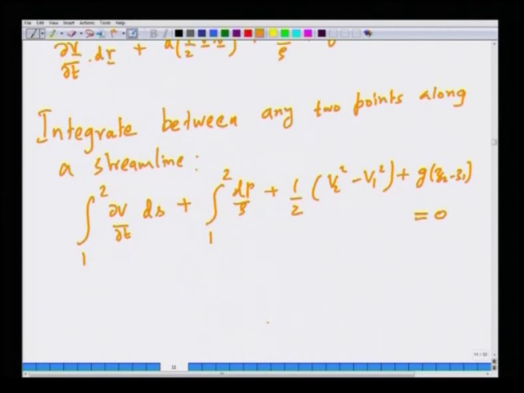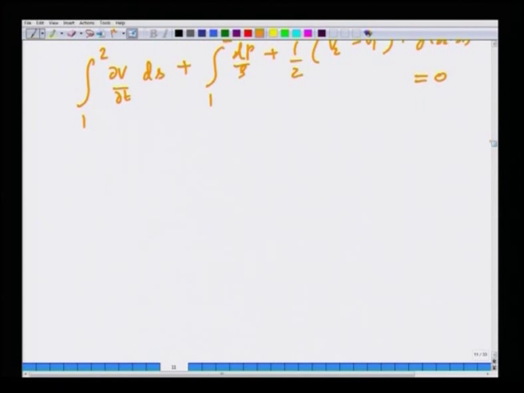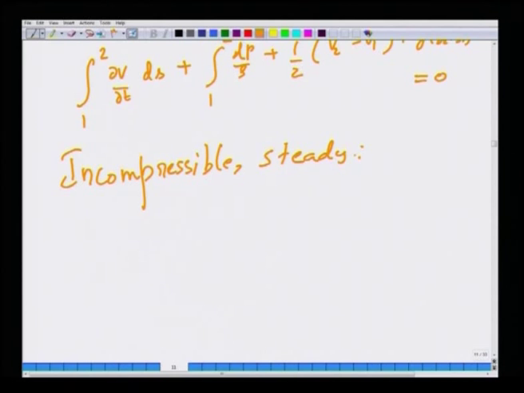Okay. Now, let us consider an incompressible and steady flow. Steady flow means the time derivative term is 0. Then you will have the integral of dp by rho, and rho is constant, so you can integrate this.